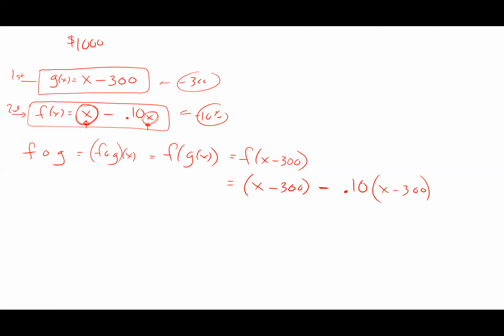Okay, let's do this here. I think we can do this real quickly. x minus 300. You're going to distribute that little negative 0.1. So this would be negative 0.1x. Okay, and then you go over here. A negative times the negative is a positive. And then 0.1 times 300 is 30. Check me on that if you need to.